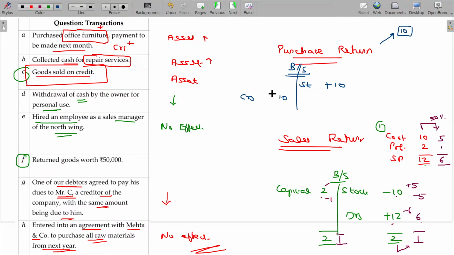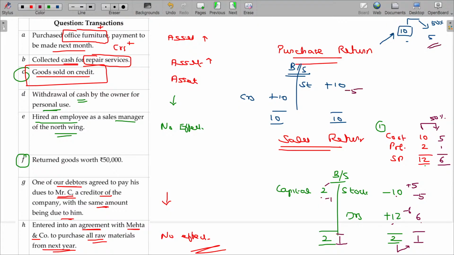Clear? Sometime later, we thought it is not worth it. I am returning this. So now the balance sheet total is 10, 10. 50% is now returned. 50% of 10 rupees is how much? 5 rupees is returned. After this return, what happens here?